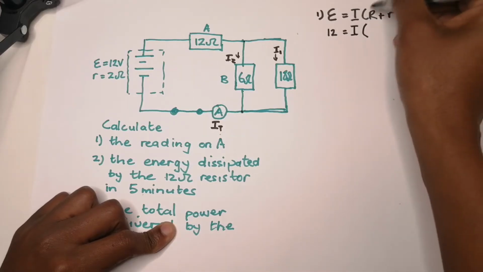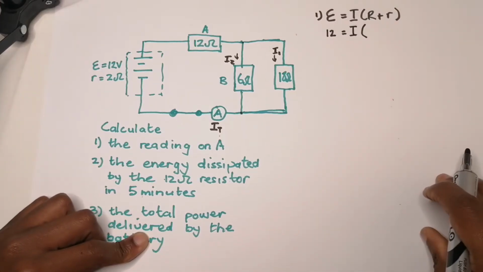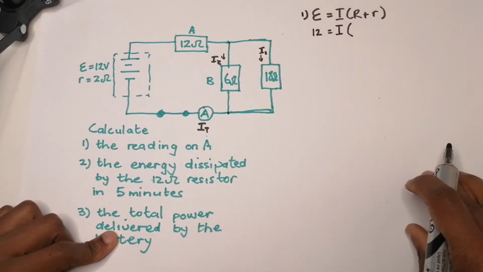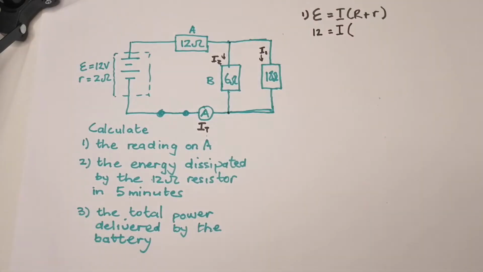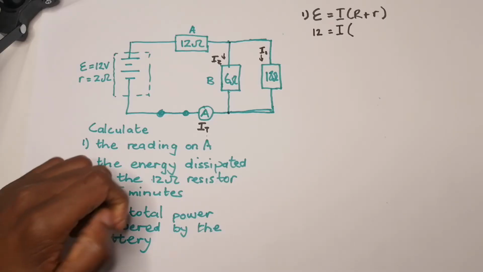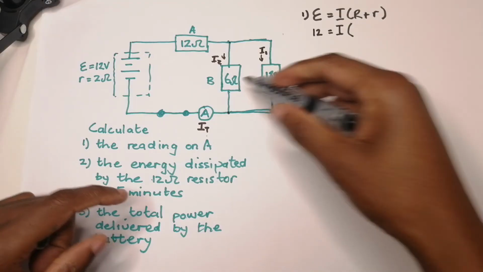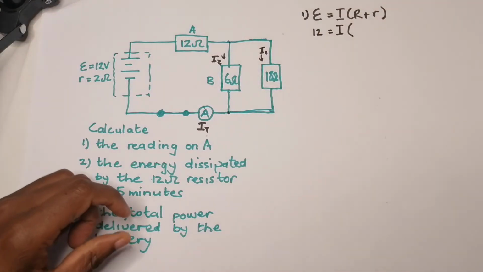What does R stand for, by the way? That will be the internal resistance, small r. So in this case, we want to make sure that we get the external resistance. So what would be the external resistance of the circuit?